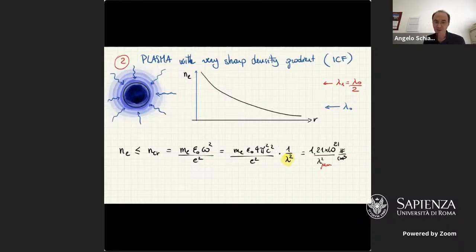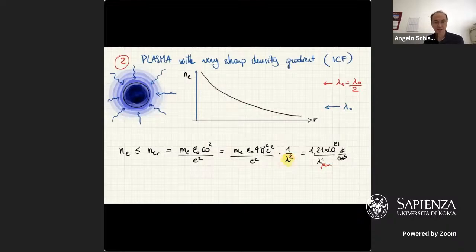Remember that 1 micron radiation, so the typical laser wavelength, has a critical density of 10 to the 21 electrons per cubic centimeter. Okay, so the important thing is that besides these factors that go into this final number, the dependence is with the inverse square of lambda.